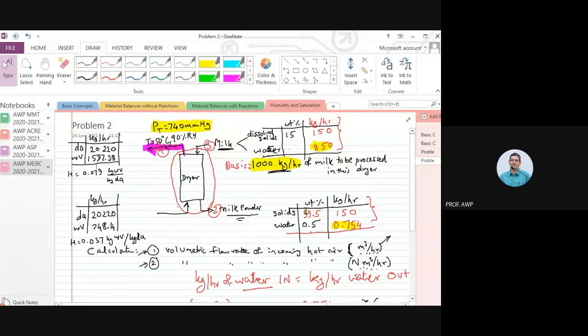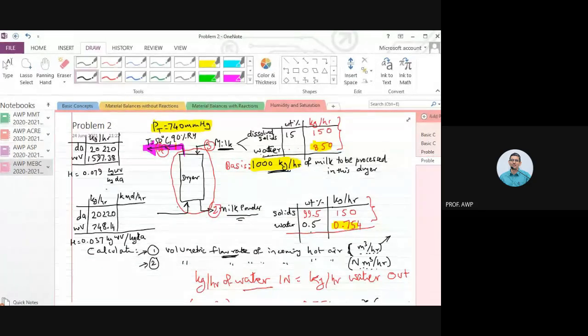Comfortable so far? Now we want volume. We want volumetric flow rate. So I would have to convert this, use the gas law, but to calculate the gas law, we will need it in terms of kilomoles per hour. So 20,220 kgs per hour of dry air.